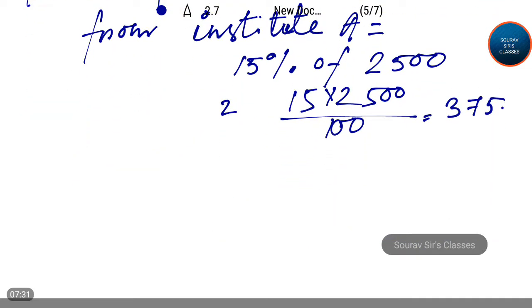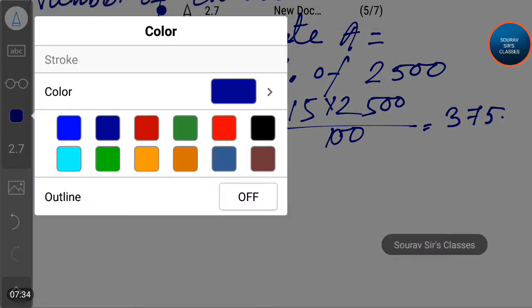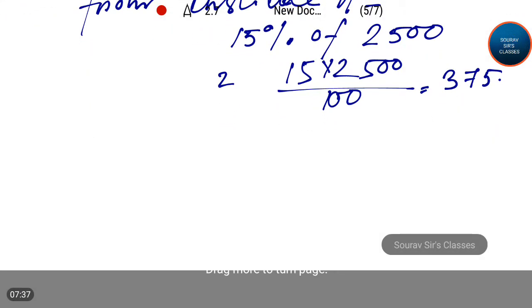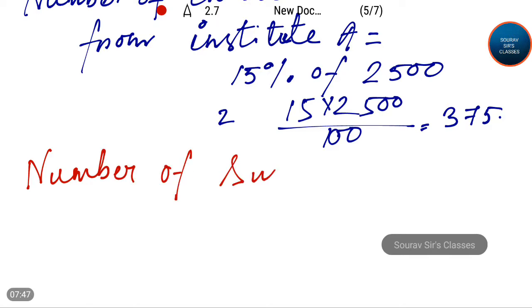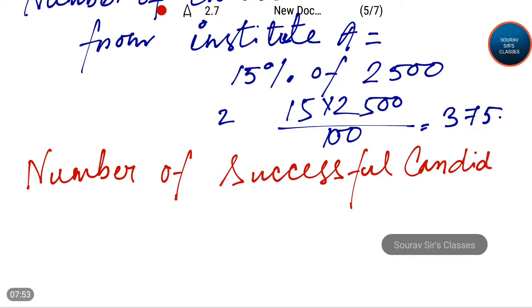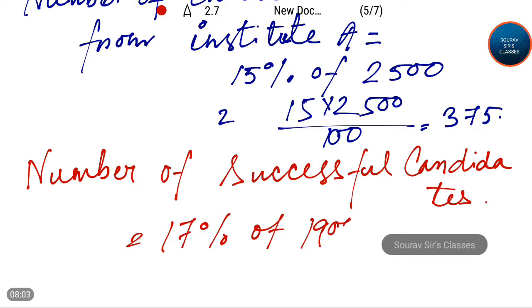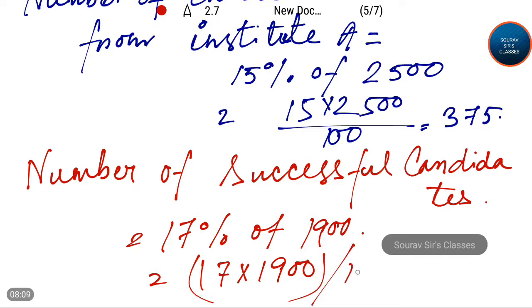And now, the number of successful candidates is equal to 17% of 1900, that is equal to 17 into 1900 divided by 100, that is equal to 323.